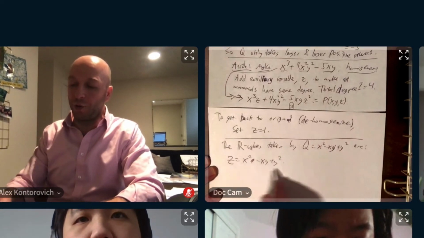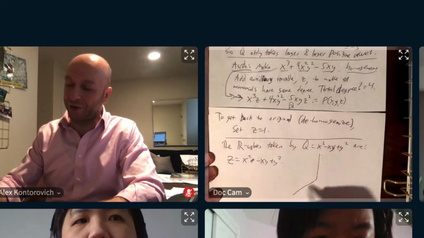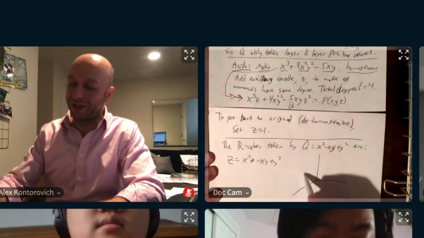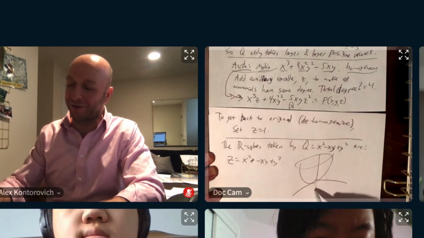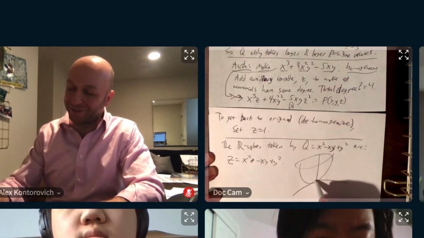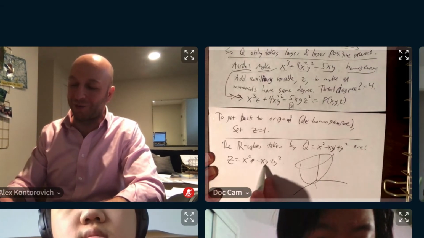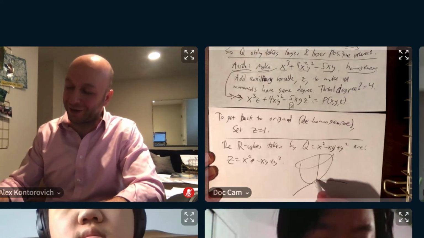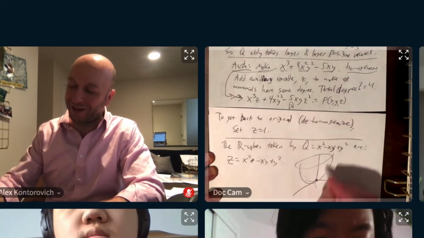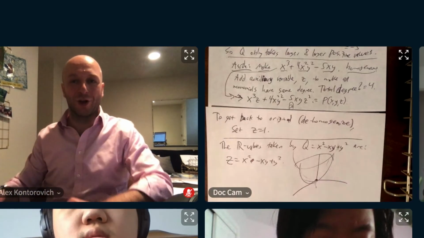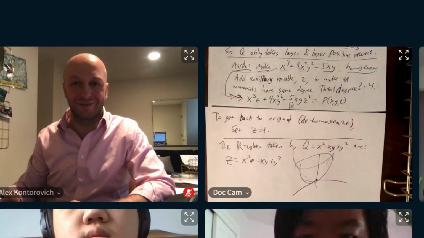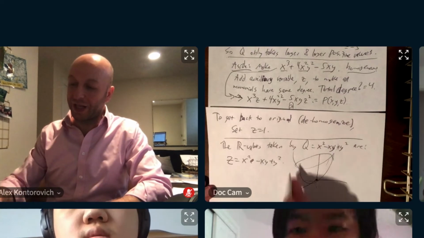But that's one equation in 3 variables, so we can graph that. That's some kind of surface, and I don't know what it looks like. This is not touching the ground, this is off the ground. Well, actually, it is touching the origin, because when x and y are both 0, then z is 0. So that's touching the ground, and then it's this kind of curvy thing. Okay? So that's what this one looks like.